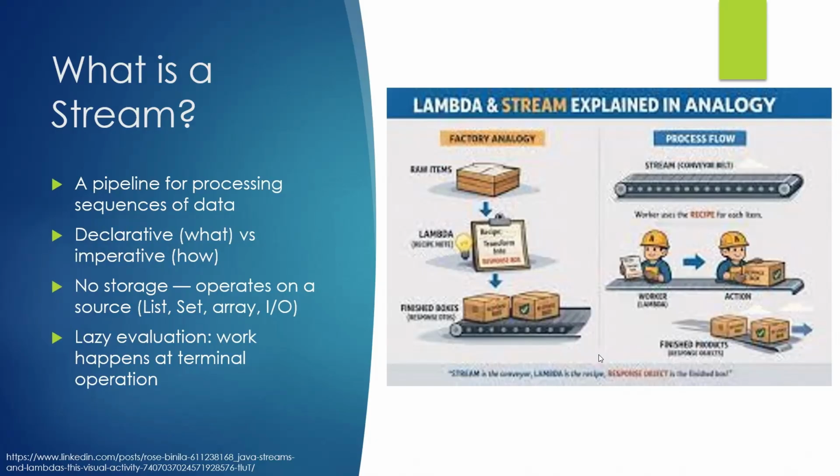So the box of items is the source. The conveyor belt has the intermediate operations performing various operations on the items. And then you have the finished product from the terminal operation. Anyway, let's keep going.